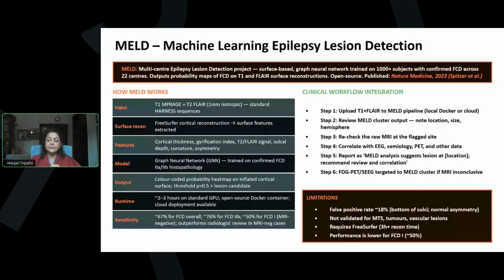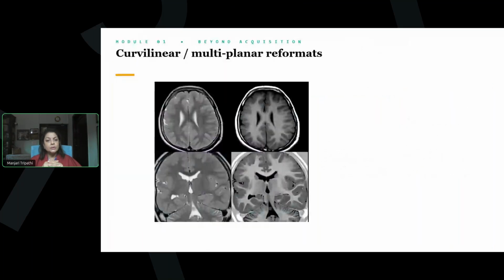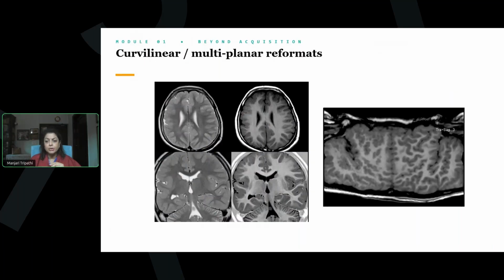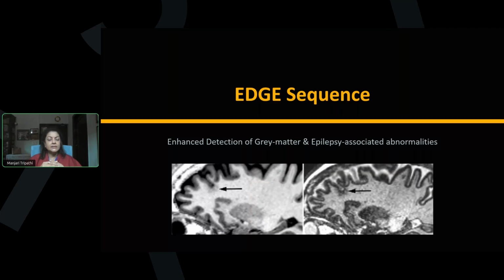Then I told you about curvilinear or multiplanar reformats. When you really don't find much happening on your routine MRI, you can get the curvilinear multiplanar reformat, which will clearly show the area of focal malformation, which is seen in this particular patient. The other sequence we use is the EDGE sequence, which is enhanced detection of gray matter and epilepsy associated abnormalities, where you find a breach in the gray.